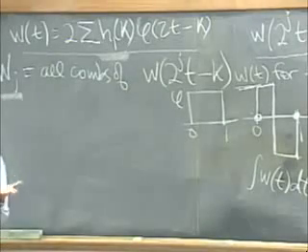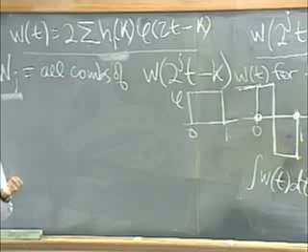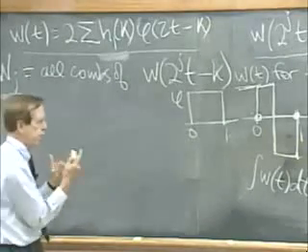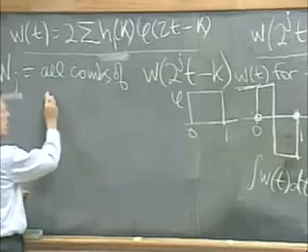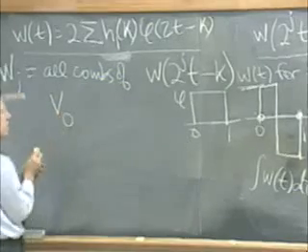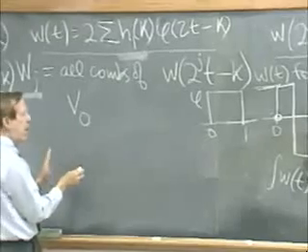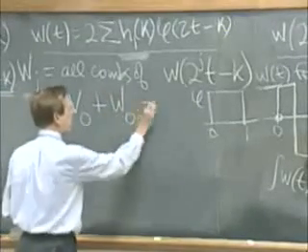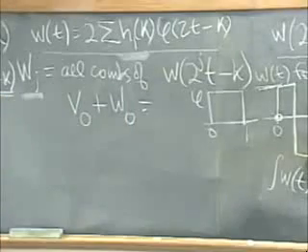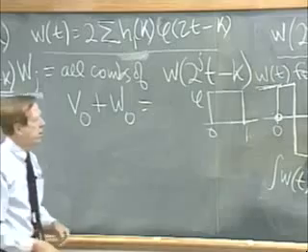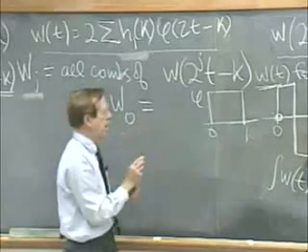And here's the equation I'm shooting for, wanting to check that I take all the functions in V0 and add to any function in W0, and what do I get? Well, the answer is going to be V1.